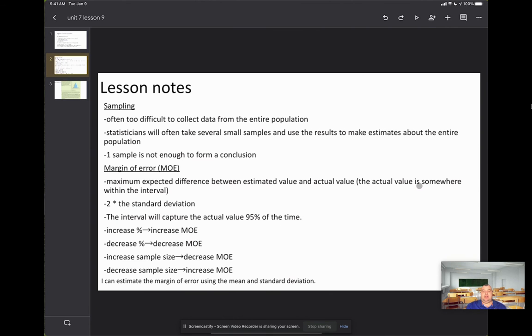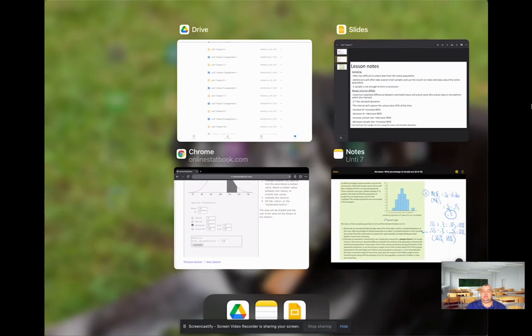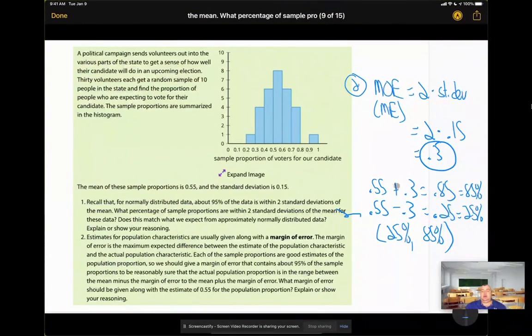By adding and subtracting the margin of error from the mean, that gives me the interval where we are reasonably sure that the actual value will be. So again, the actual percentage of people who vote for this candidate will be somewhere between 25% and 85%. And that is it for this lesson.